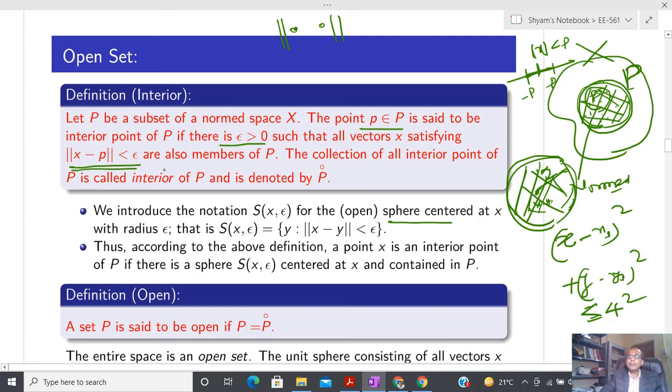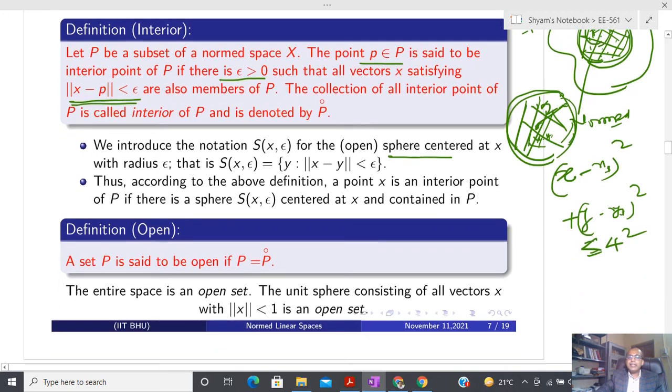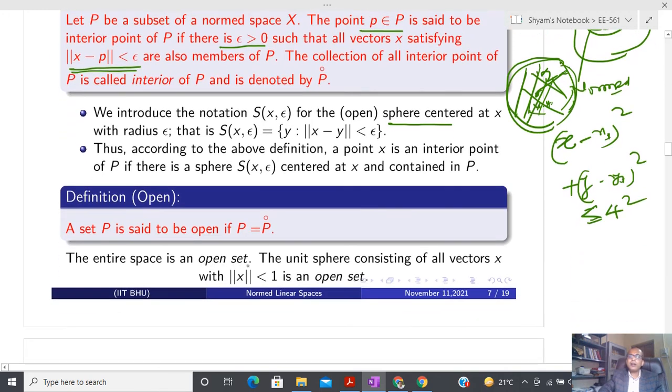Anyone has confusion? Now, what is the definition of an open set? A set P is said to be open if P equals the interior of P. Due to that reason I am telling that the entire space is an open set. If the vectors x satisfy this kind of relation, then that is called an open set.